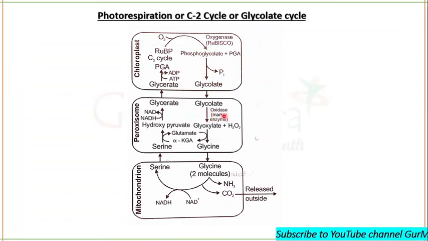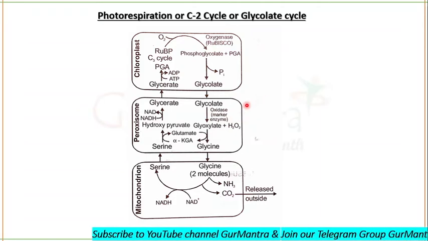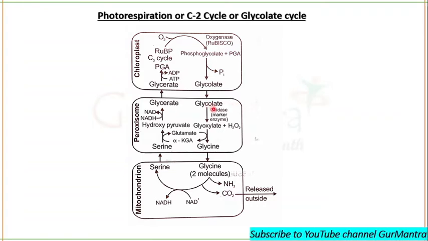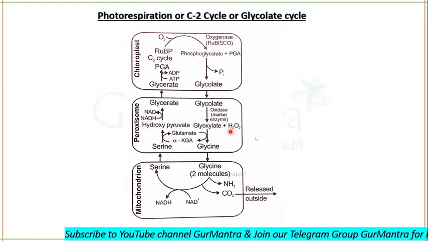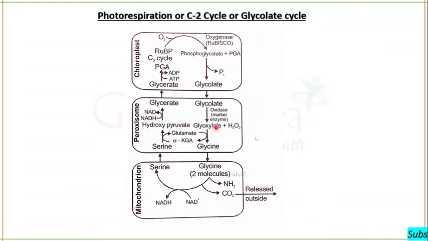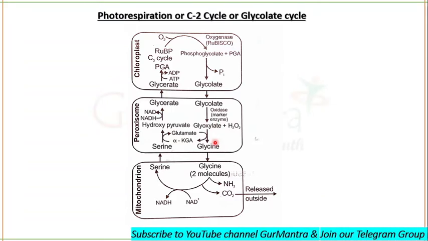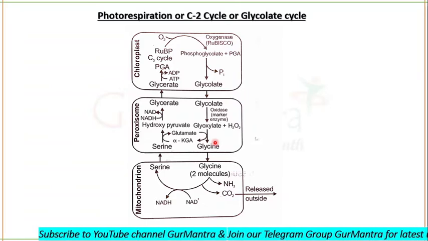Here the marker enzyme of photorespiration, oxidase, is found in the peroxisome, not the chloroplast. Glycolate is converted into glyoxylate with the release of hydrogen peroxide. Now glyoxylate will get converted into glycine, where glycine is formed in the peroxisome.